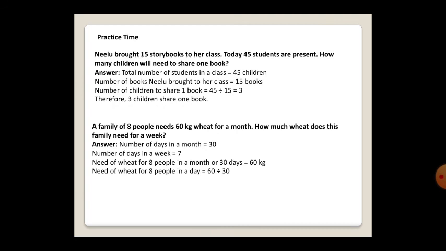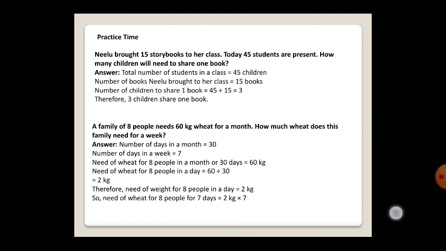So the need of wheat for 8 people in a day is 60 divided by 30. So 2 kg. In 1 day, 2 kg. In a week, you know that 7 days are there. So 2 into 7 is 14 kg. In a week they need 14 kg of wheat.